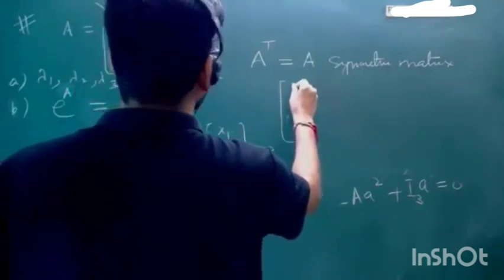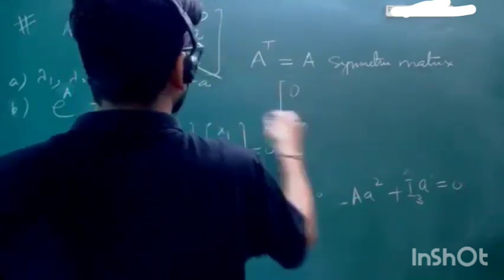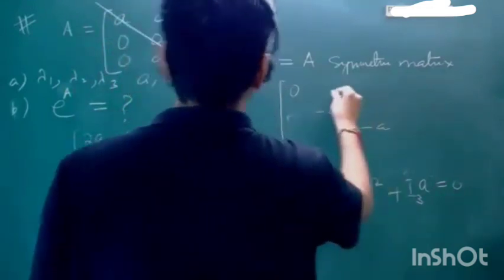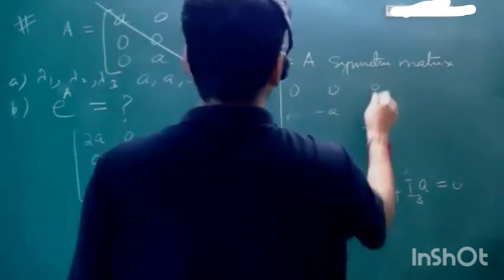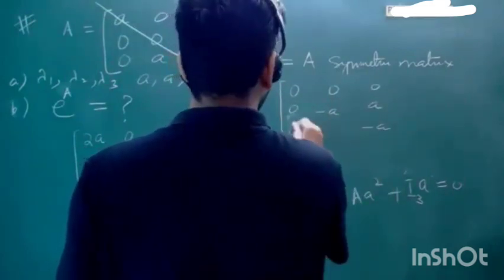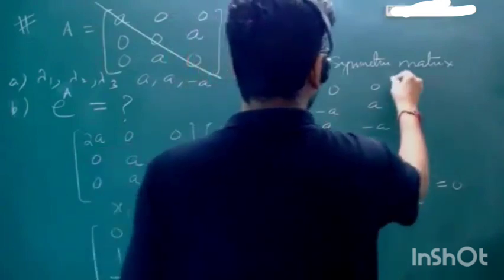So 0 1 1, 0, here there is minus and here also minus. So it will become 0 0 a and 0 0 a. This is coming, right?